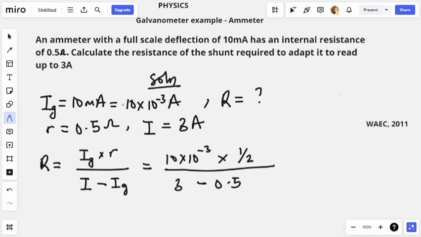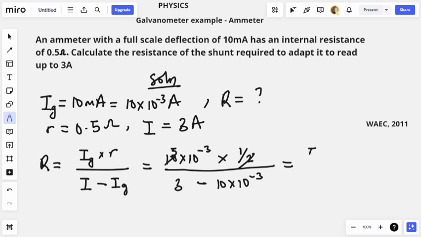Sorry, that is a mistake there. Our I subscript G is 10 milliamps. That's 10 times 10 raised to the power minus 3. So if you keep doing this, these 2 here will cancel this 10 here 5 times.